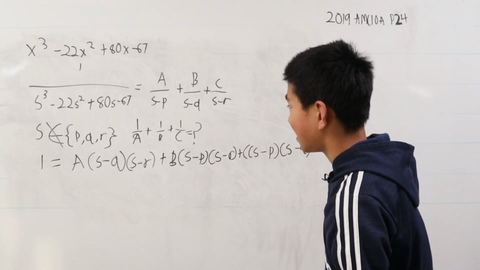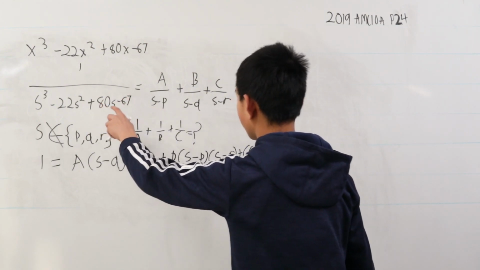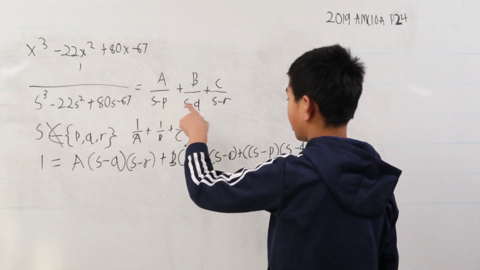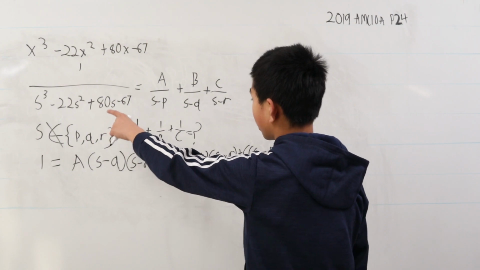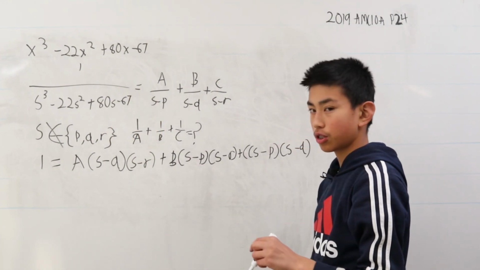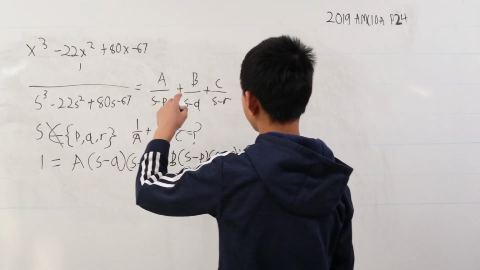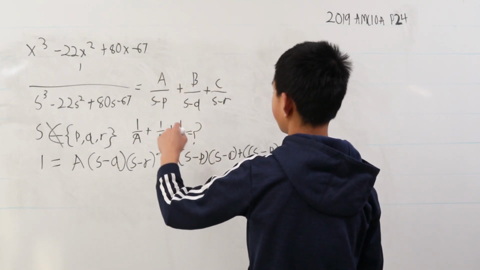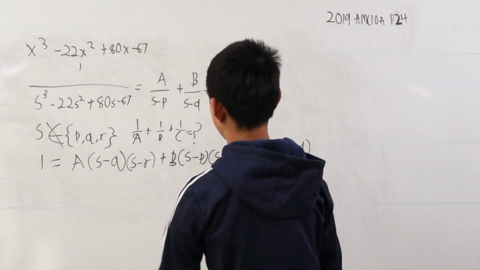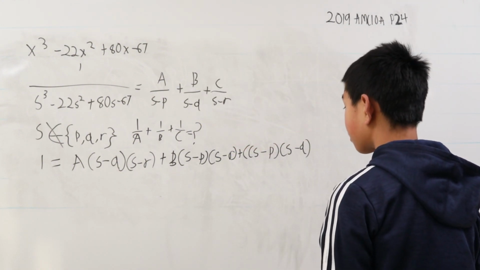And how this works is, since the roots of the polynomial are p, q, and r, it can be broken up into s minus p times s minus q times s minus r, so that when you multiply it over these individual terms, one term would be crossed out. And now it would work.